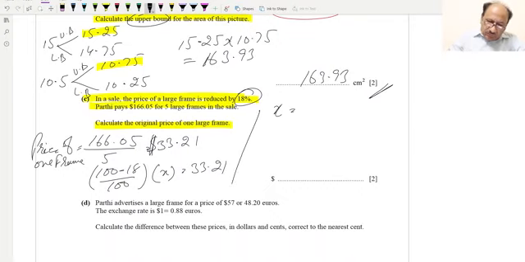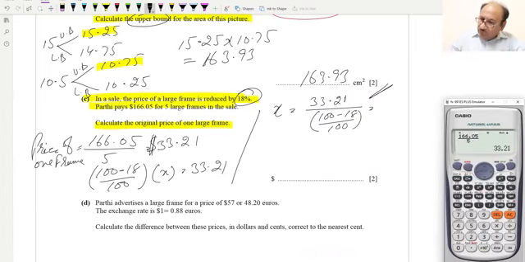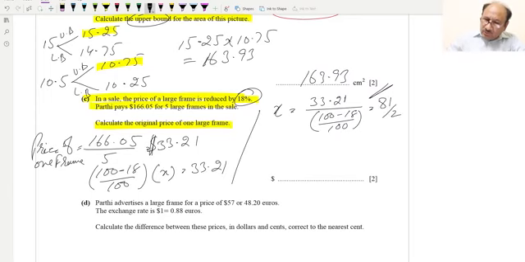So x will be equal to 33.21 divided by this whole thing, 100 minus 18 over 100, and this is equal to 81 by 2. 81 by 2 we can write in decimal format.